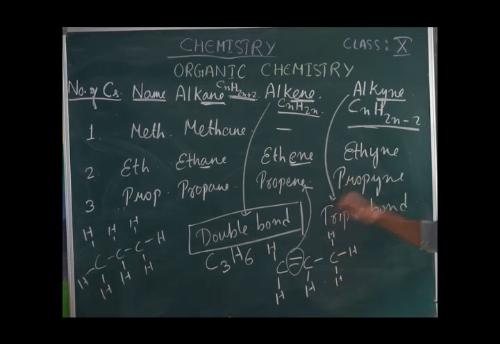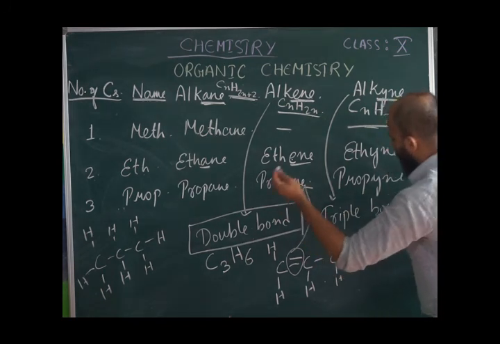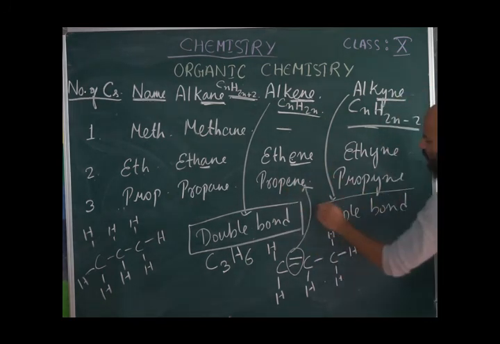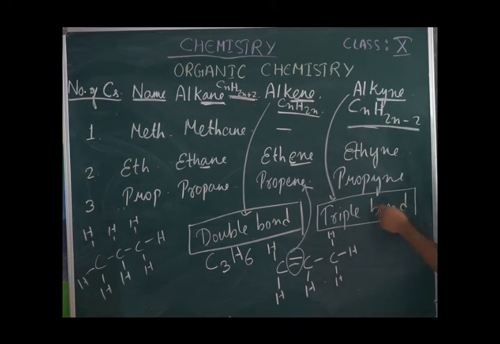Now for this particular compound to be propyne, then it should contain what? Triple bond. And its formula would be C3H, CnH2n-2. That means if it is 3, it would be 6 minus 2, 4. 2 less than its double.